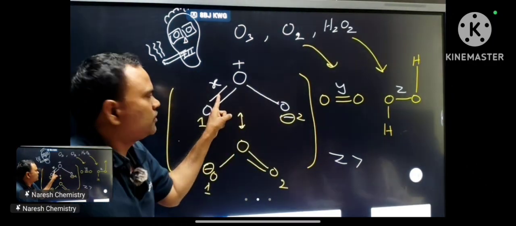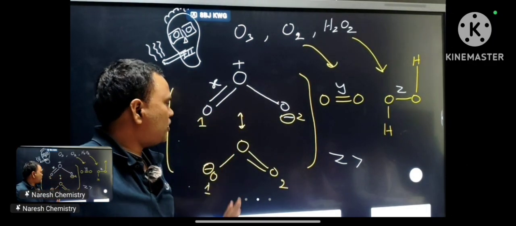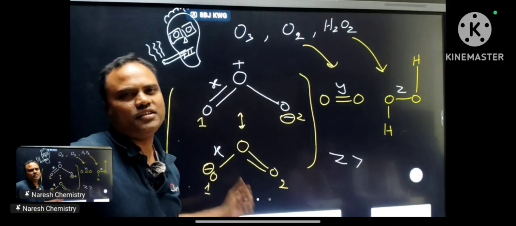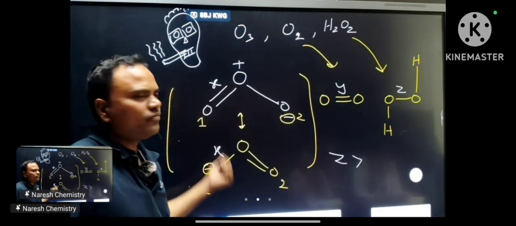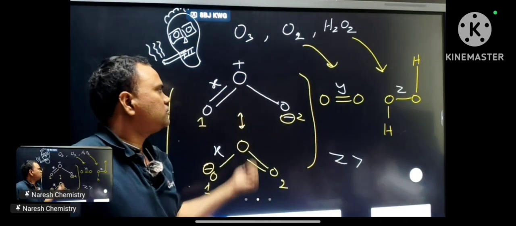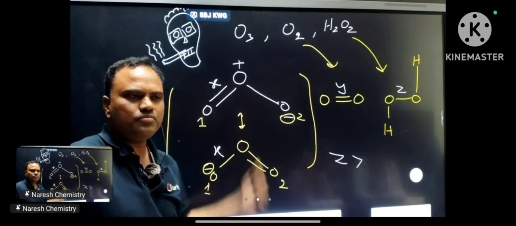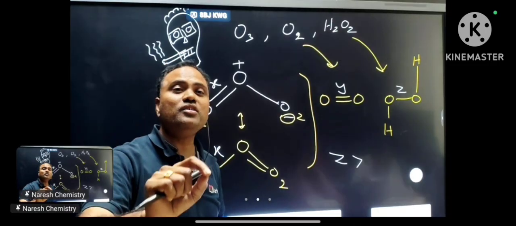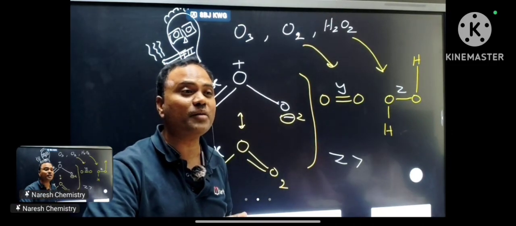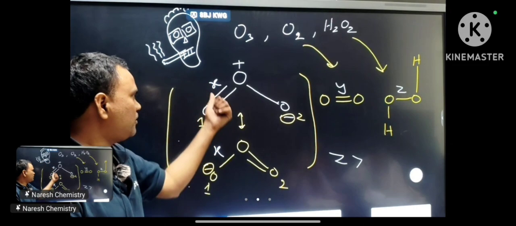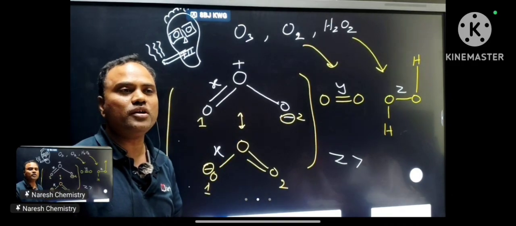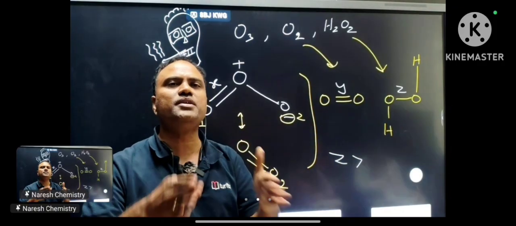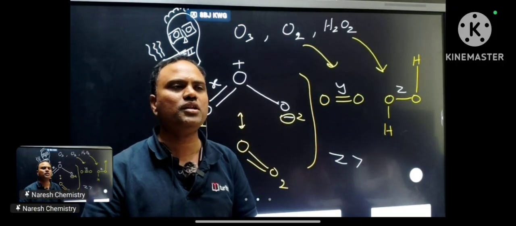Next. This is X. X is double bond, but after some time, what is happening? The double bond is converting into single bond. After some time, single bond will convert to double bond because both are resonating structures. So this equilibrium will exist between them. So bond length is intermediate between a single bond and a double bond. Is there any resonance here? It is always present as a double bond. Double bond length is lesser.